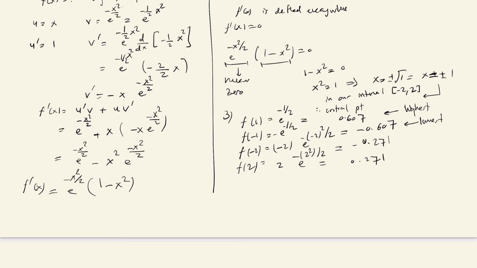Therefore, at x equal to 1, it's going to be a global maximum since this is the highest value, and then at x equal to -1, it's going to be a global minimum since this is the lowest value of the function.